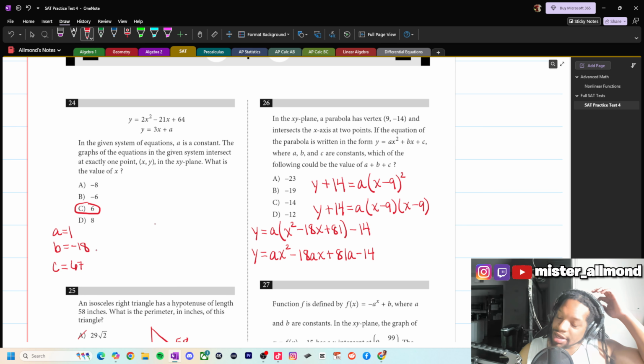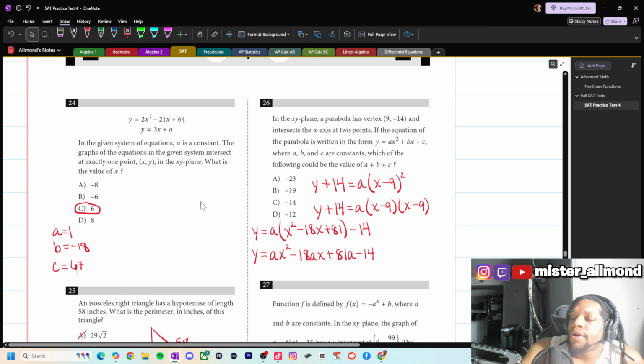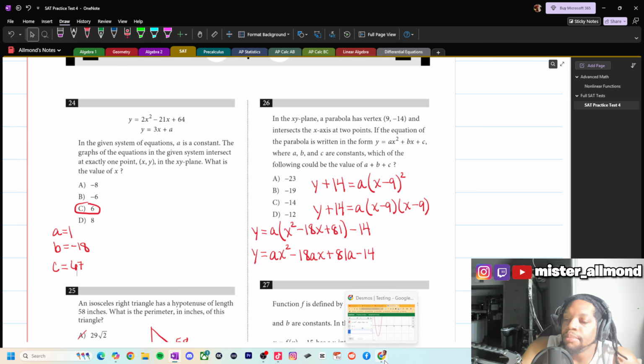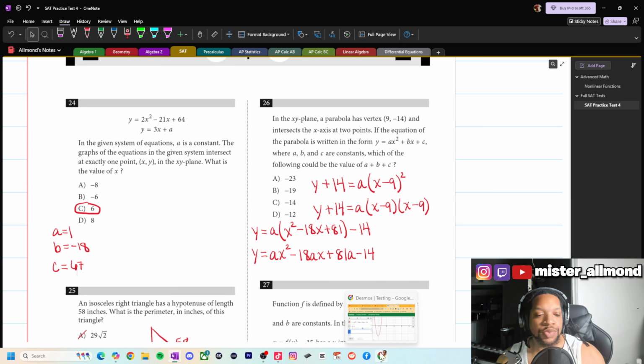But even then, that's not going to add up to one of the, well, I don't know, because 67 minus 18 does not give me even a negative result. So I guess A has to be big enough to where A plus B plus C comes out to be one of those negative numbers. This question is weird.